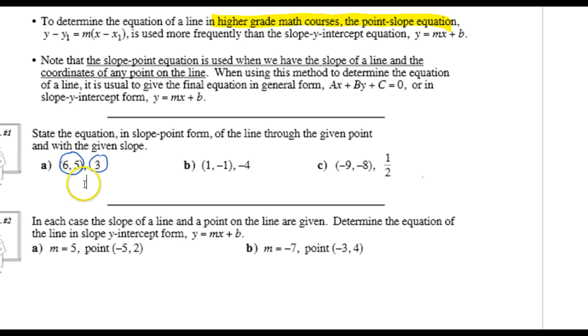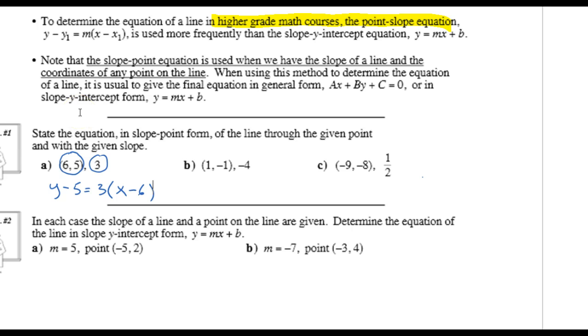Here's how we do it: y minus, then I look at my y coordinate, which is 5, equals the slope, times x minus your x coordinate, which is 6. It's pretty straightforward. You do need to memorize this format, and once you do, it's easy.